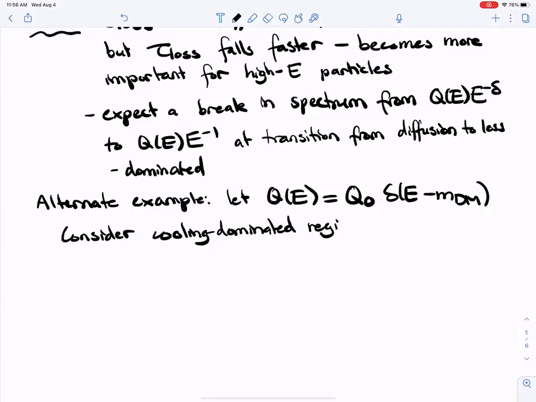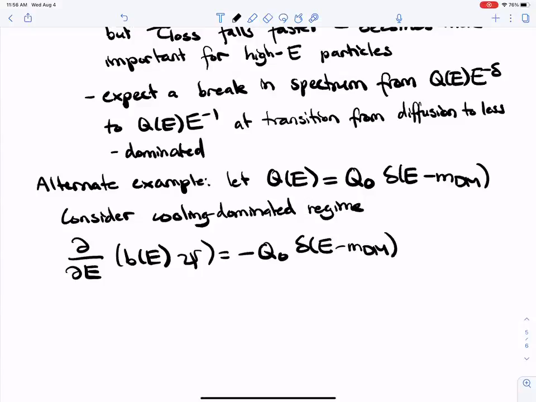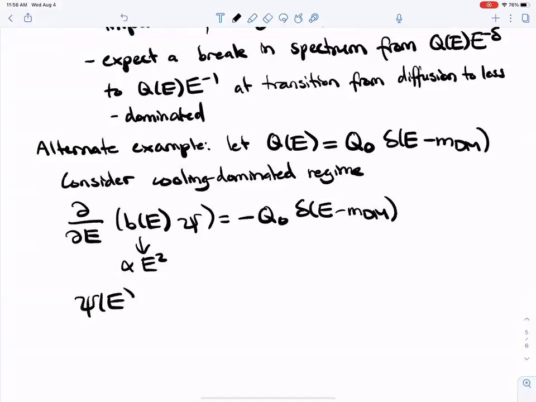Then if I drop the diffusion term, the steady state equation, going back to the original differential equation, looks like this. So I can integrate this directly. And this we know scales as something proportional to E squared. So if I solve this equation instead of just doing the dimensional analysis arguments that I gave earlier, what I would find is that phi of E equals Q naught over V of E times a step function.